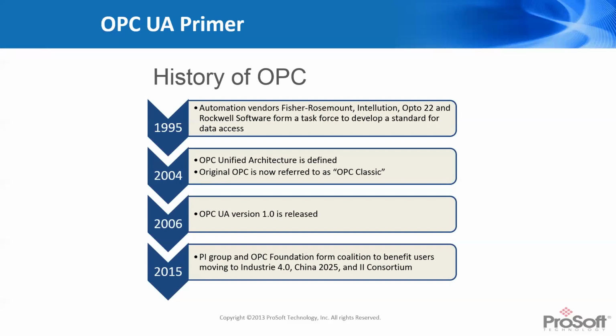In 2006, OPC UA was released. And in 2015, a really interesting thing happened between the PI group, the Profibus Profinet International Group, and the OPC Foundation. They got together and formed a coalition to help benefit users who are interested in IoT and those sort of things.